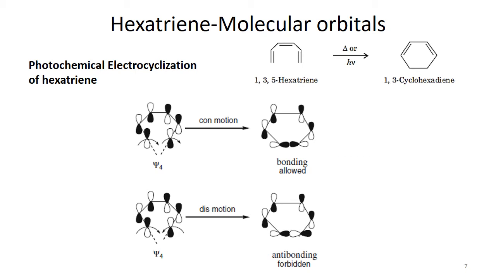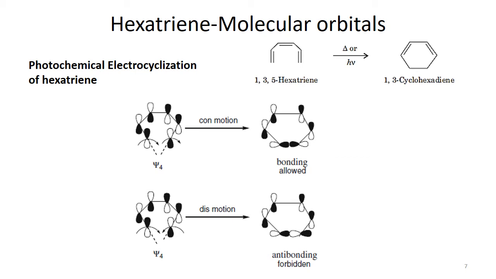In photochemical or irradiation mode, we already know that electrons get excited from the ground state to the excited state. In the case of hexatriene, psi3 was the highest occupied molecular orbital.